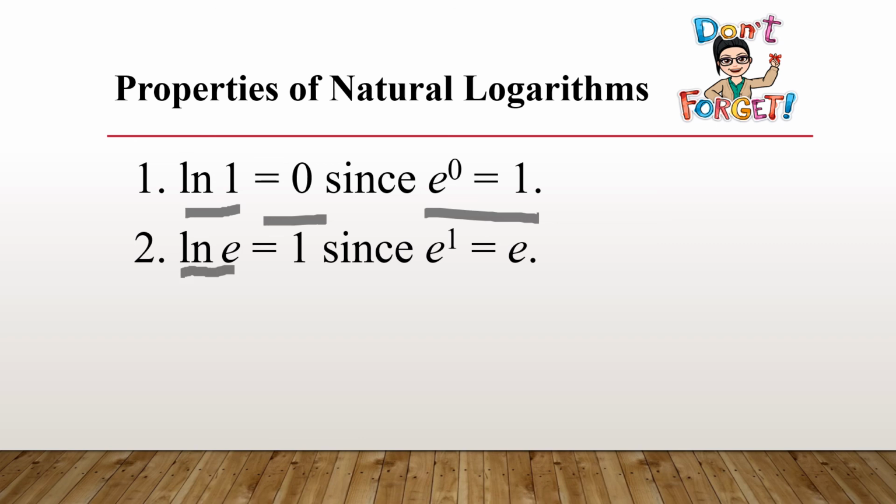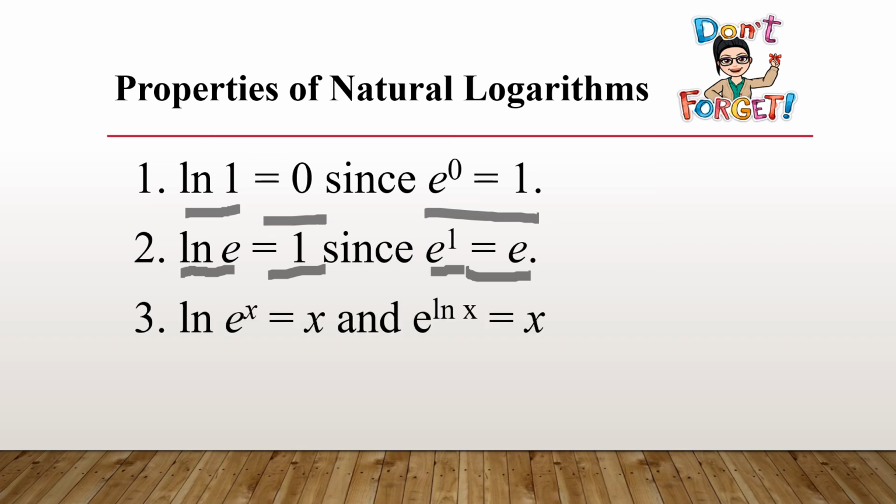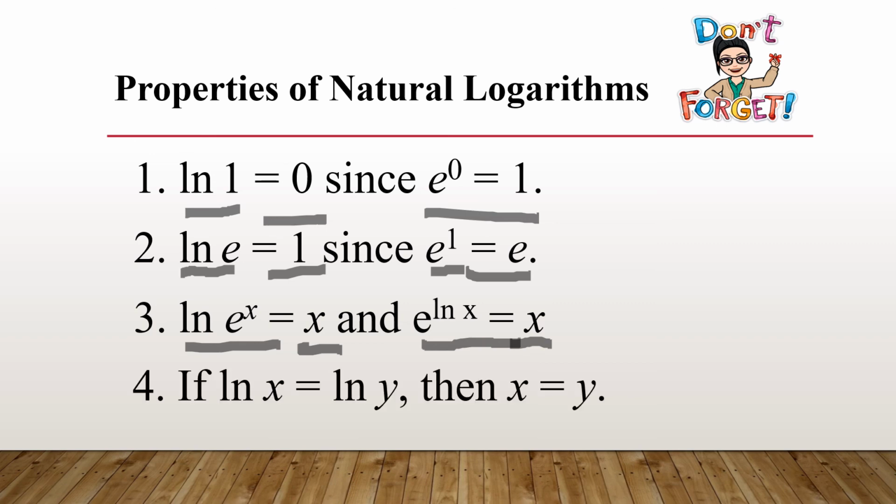Again, ln e is equal to 1 since e raised to 1 is equal to e. Property number 3, ln e raised to x is equal to x, and e raised to ln x is equal to x. And finally, number 4, if ln x is equal to ln y, then we can remove ln and simply equate x to y. So these are the 4 properties under natural logarithms.